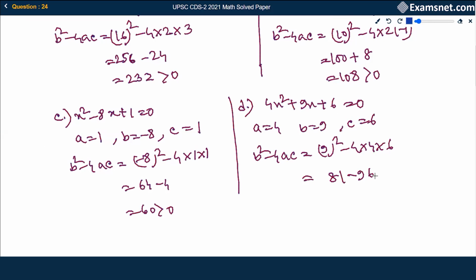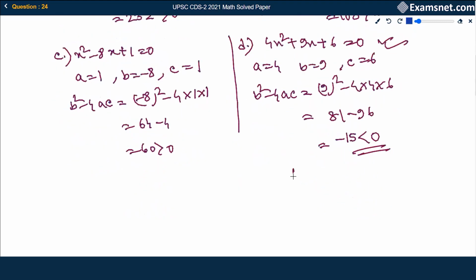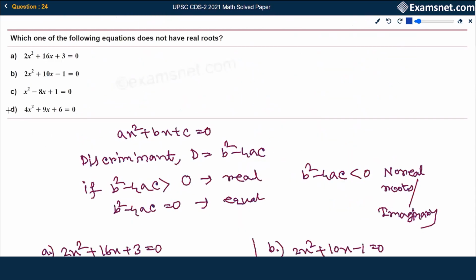So 81 minus 96. Evidently that is less than 0, that is a negative number, minus 15 less than 0. So this one is the quadratic equation that has no real roots. So option D is the correct answer here.